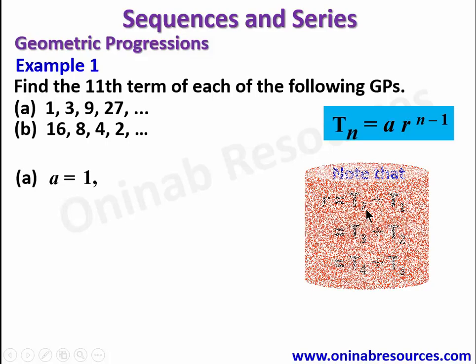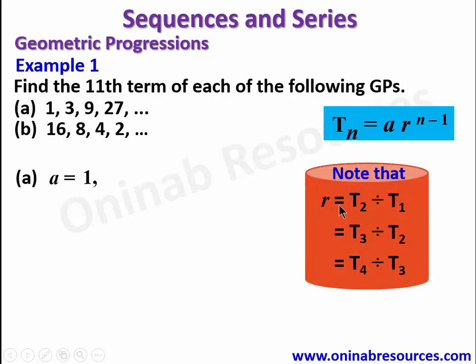But we should also note that r is T2 divided by T1. That is 3 divided by 1, or T3 divided by T2, 9 divided by 3, which will still give us a 3, and so on. Therefore, our r is equal to 3 and our n, as given in the question, is 11.